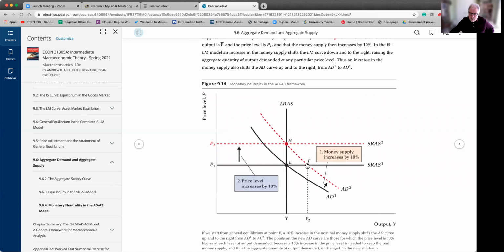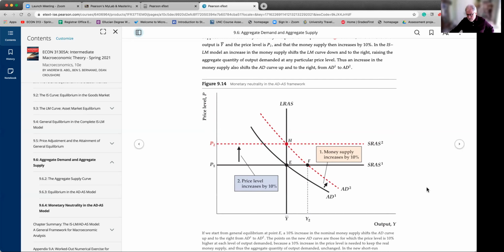If prices adjust quickly, then we move directly up to H, and there's no impact on employment or in terms of full employment output. In the short run, if prices are adjusting slowly, they might not adjust immediately, but over time they may adjust somewhat, and it might take a longer time for prices to fully adjust. So you have some impact on output in the short run, but ultimately not in the long run.